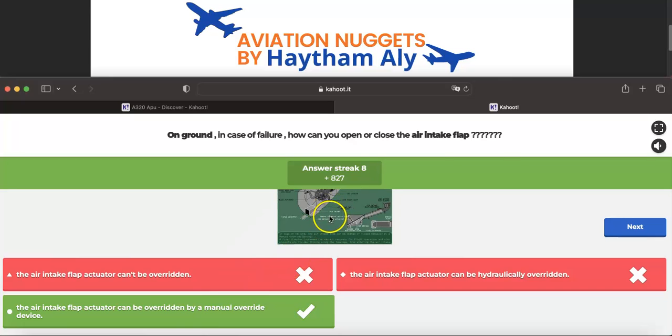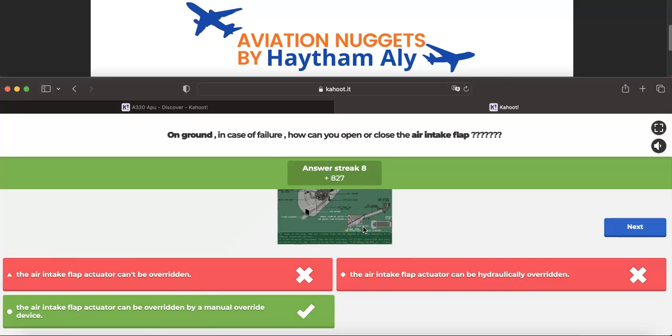Okay, everybody. You know that in order to allow the APU to be supplied by air, the air intake flap must be opened. And the air intake flap is opened by an electrical actuator. When you initiate an APU start and you press the master switch, it will energize the ECB, electronic control box, and the actuator will be energized and open the air intake flap electrically.